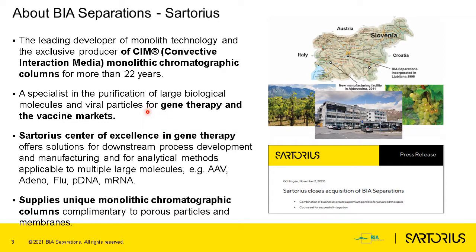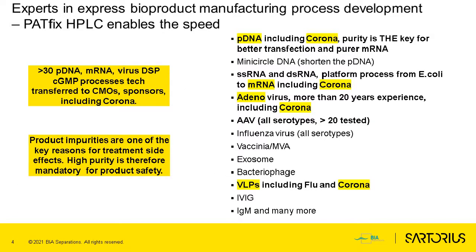We are also now the Center of Excellence of Sartorius for these efforts, and still our main task is to develop new products, especially new chromatographic columns based on monolithic supports.